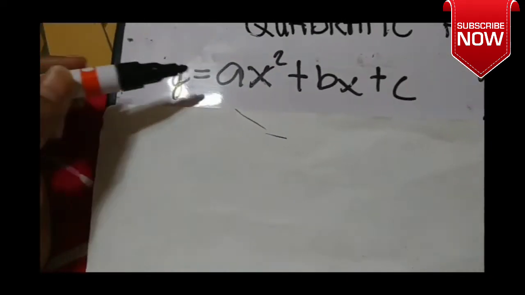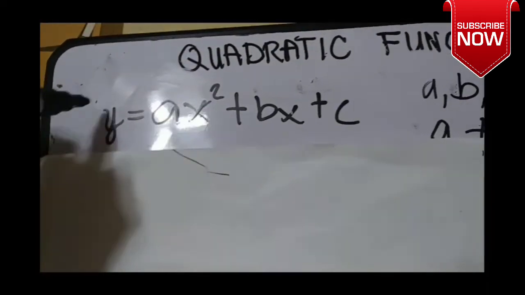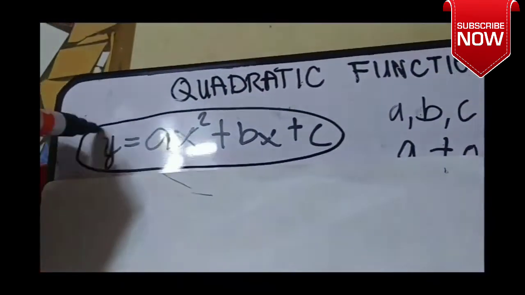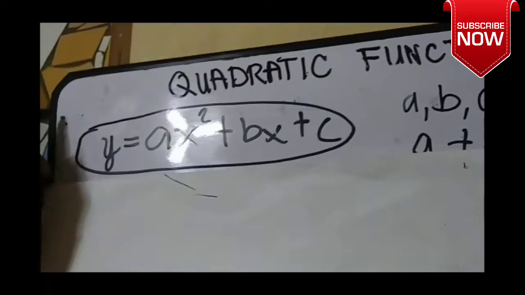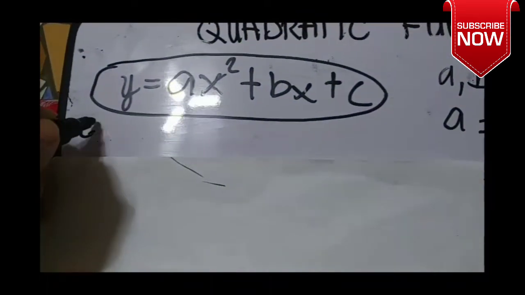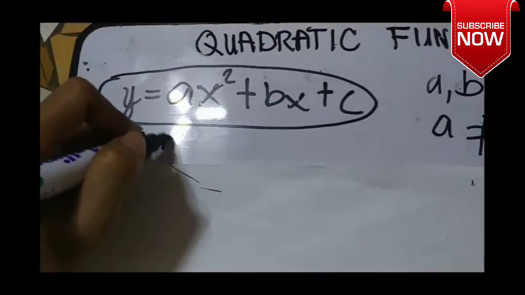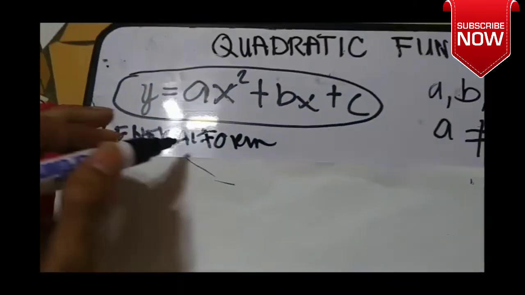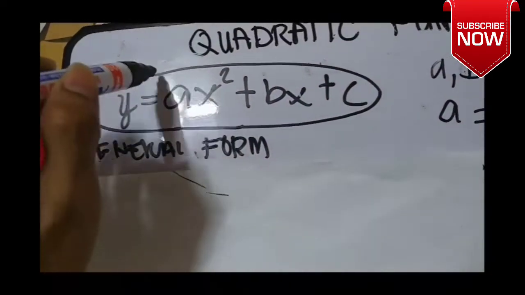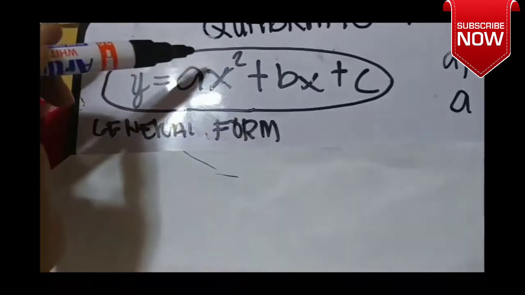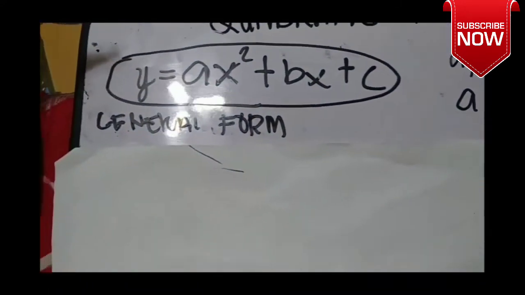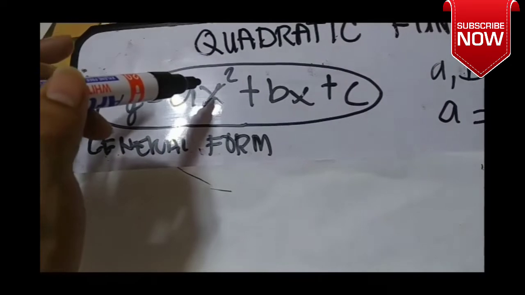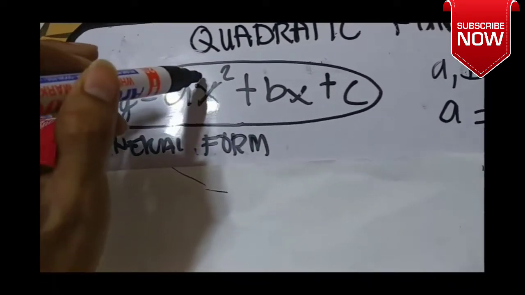y is equal to ax squared plus bx plus c. Ito yung tinatawag na general form. So sa equation na to guys, y is equal to ax squared plus bx plus c, tandaan lang natin na itong term na to kung saan may exponent na 2 or mas kilala sa tinatawag natin na second degree term, yan ay tinatawag na quadratic term.